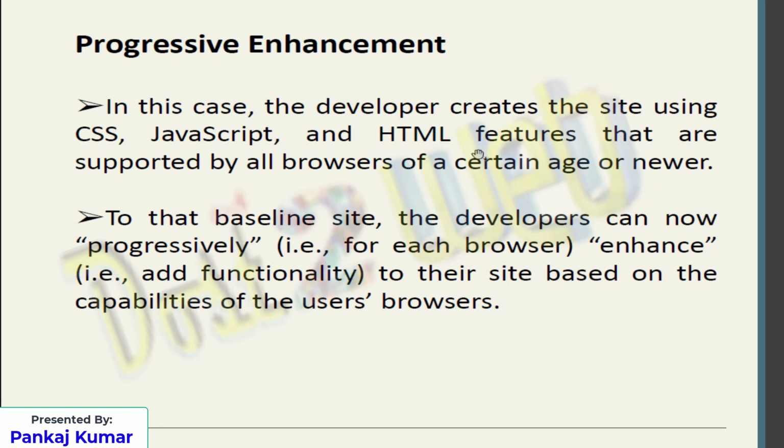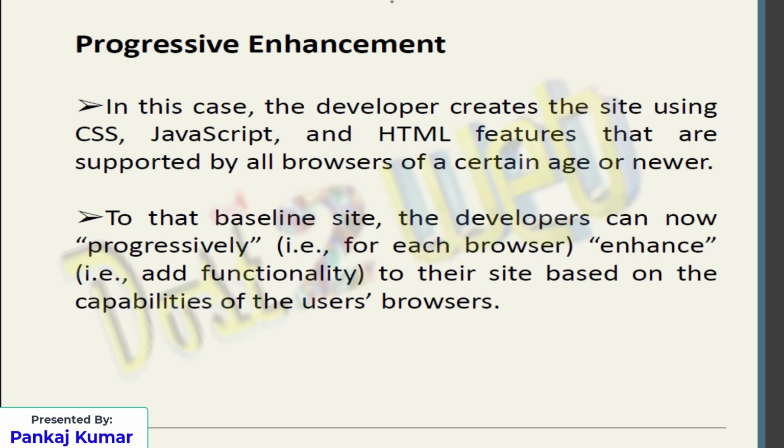Okay, what is progressive enhancement? In this case, the developer creates a site using CSS, JavaScript, and HTML features that are supported by all browsers of a certain age or newer. On top of that baseline site, the developer can now progressively enhance the functionality of the site based on the capability of the user's browser.